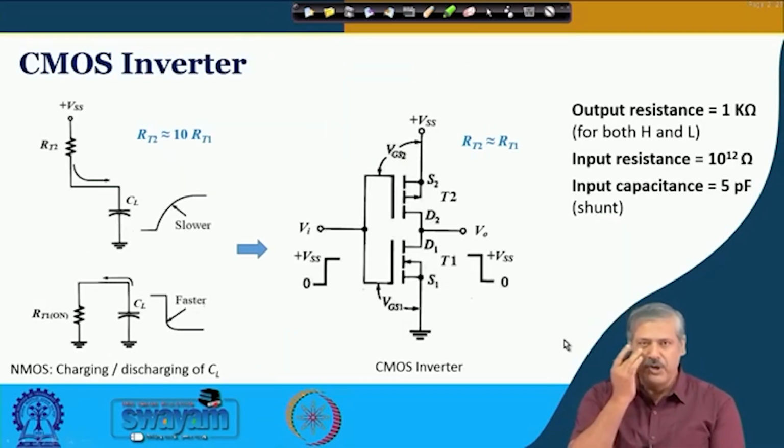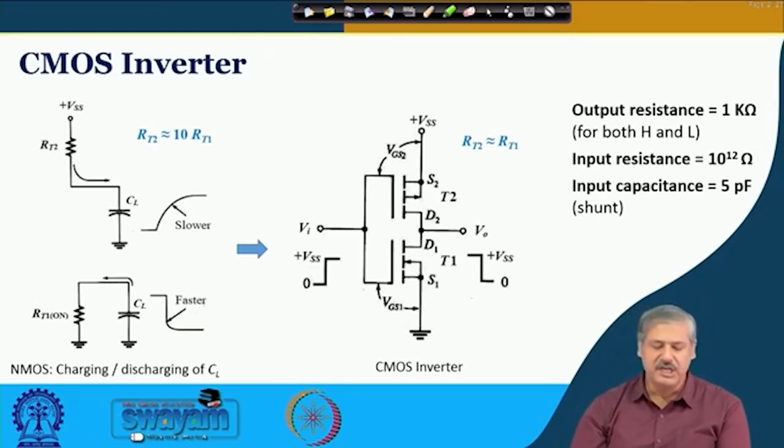Because of which, in the NMOS based circuit, we have an issue: at the output junction, the capacitor plays a very important role through its charging and discharging, because the current the next stage will take is very low, of the order of picoampere or so.